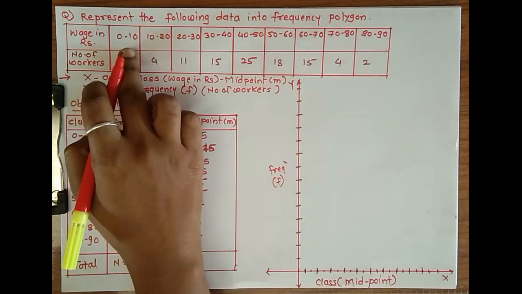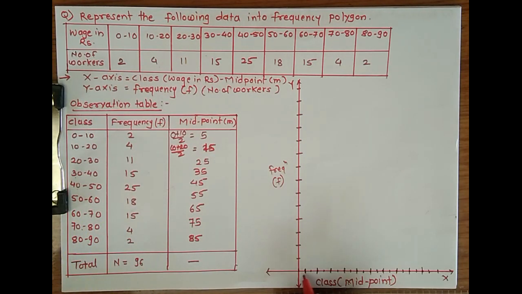The classes starting from 0 to 10, we mark here 10, 20, 30, 40, 50, 60, 70, 80, 90 and 100. Here we also mark the midpoint of that class, that is here 5, here 15, here 25, 35 and so on, last up to 85.